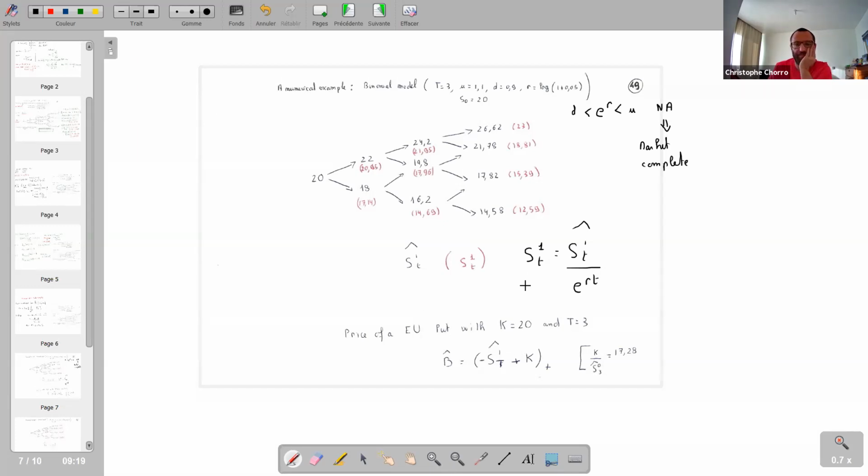So just have a look at the parameters of the model, and I see that in this situation I am able to find the unique equivalent martingale measure. And what will it be?